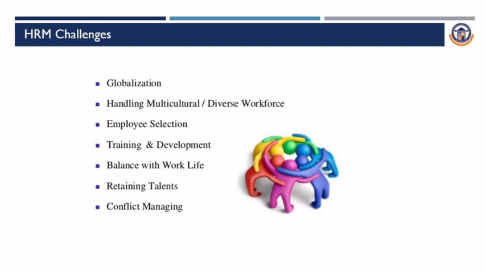So this also seems to be a challenge for HRM. Next, work-life balance. The company is responsible for providing welfare for employees, right? So they should also provide employees with a time schedule for balancing both their professional life and their personal life. Providing balance between these two seems to be a challenge.